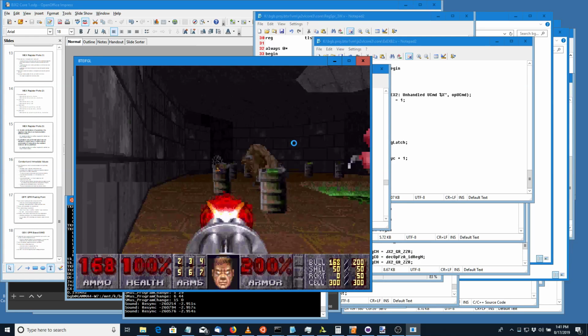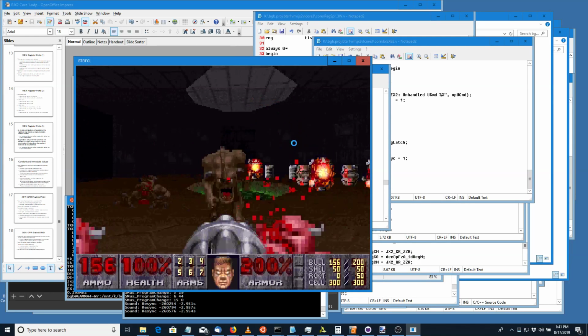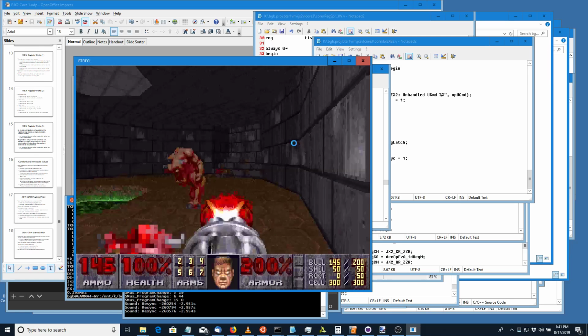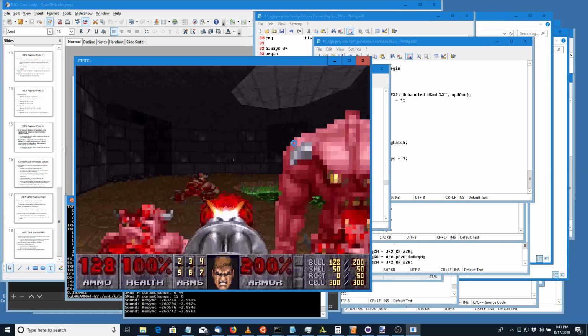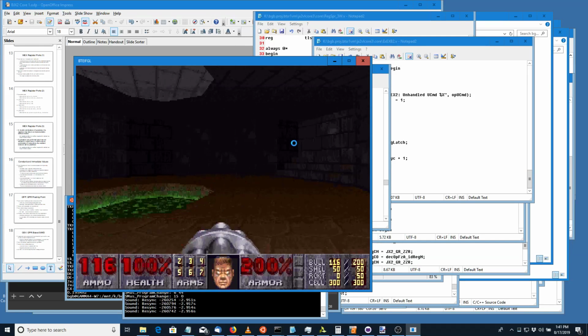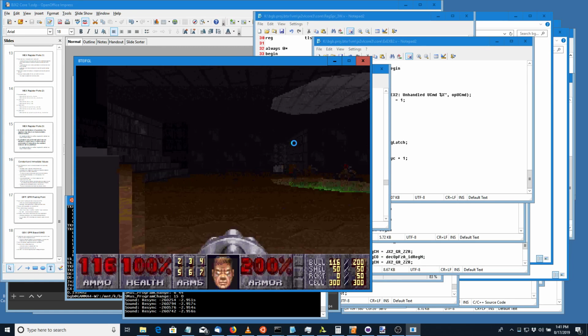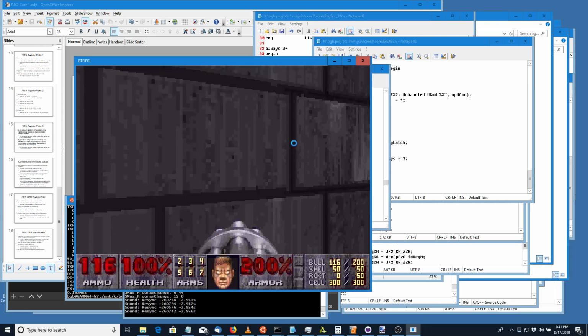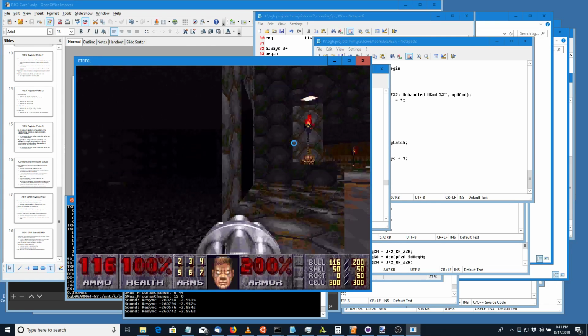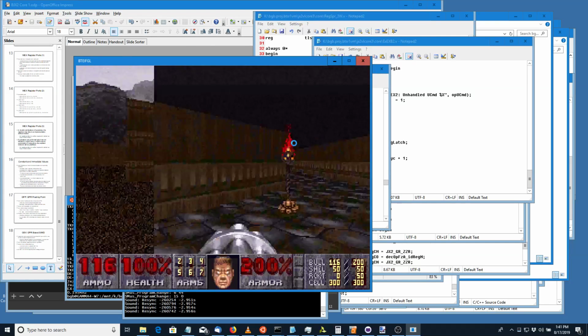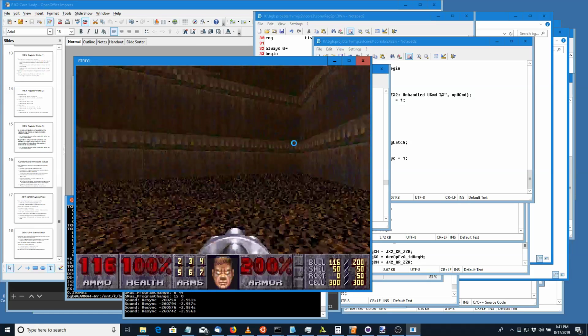The better future option would be to make that code more efficient so that it can still have sound, which is probably what I'll end up doing at some point.